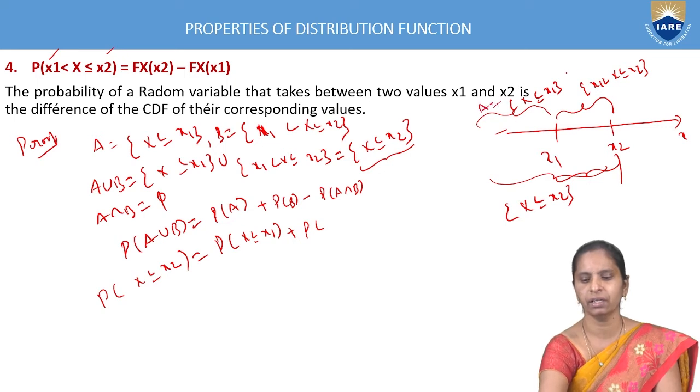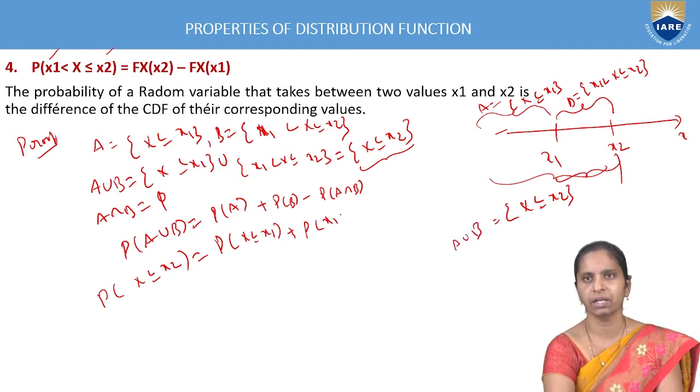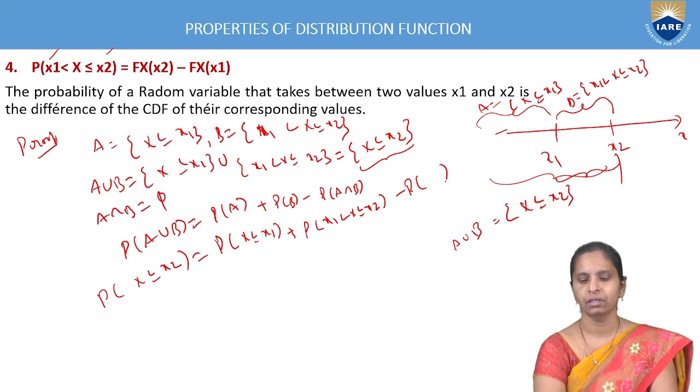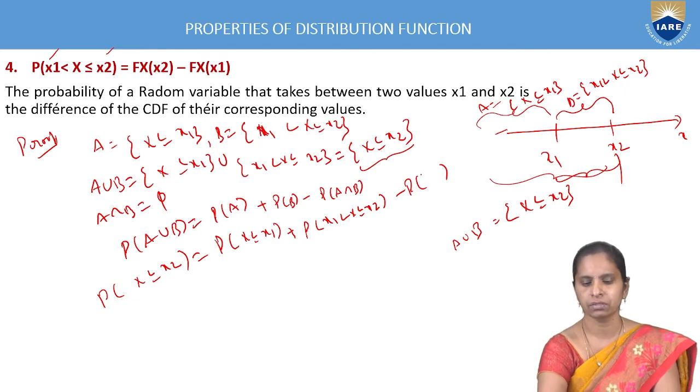This is my event A and this is my event B, so this is my event A union B. P of B is X1 less than X less than or equal to X2, minus P of A intersection B. These two events do not have any common elements, so A intersection B equals phi, so P of phi.